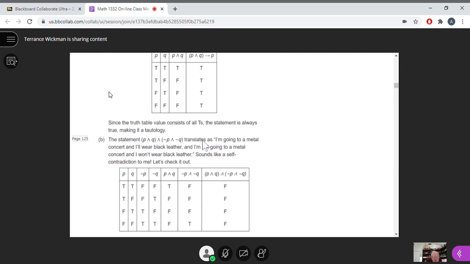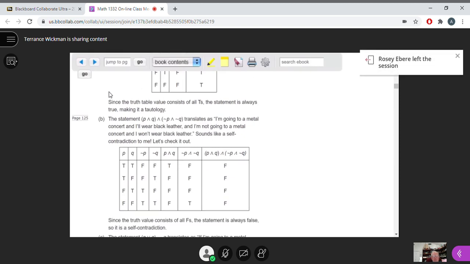It's not in this one. But they include the P and Q and the not P and not Q. In this case, you just keep this chart. Notice that the 7th column is always false, and you're asked, what does that mean when they're all false? It's a self-contradiction. Always.